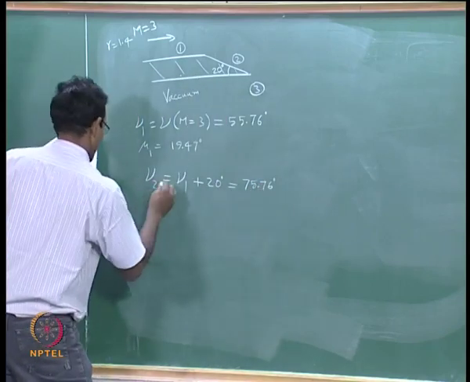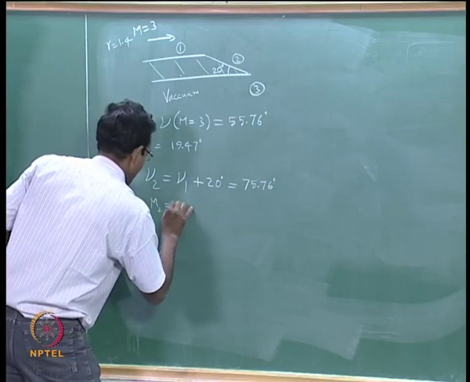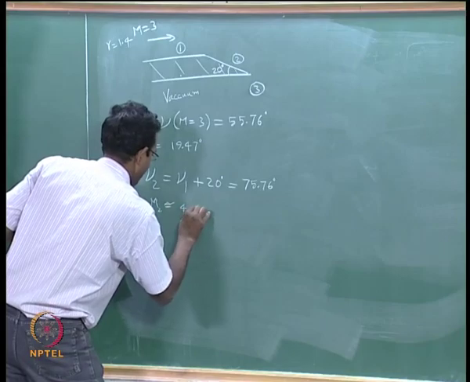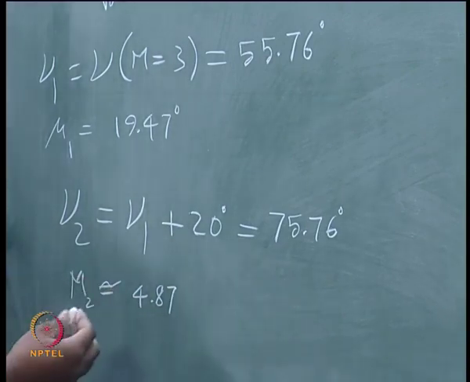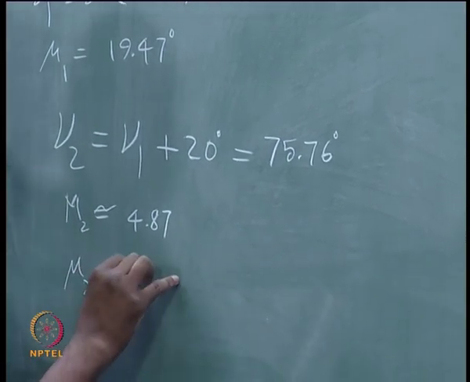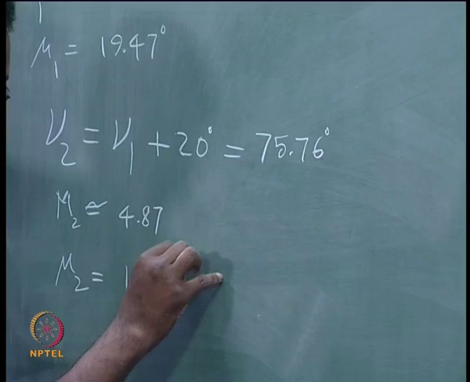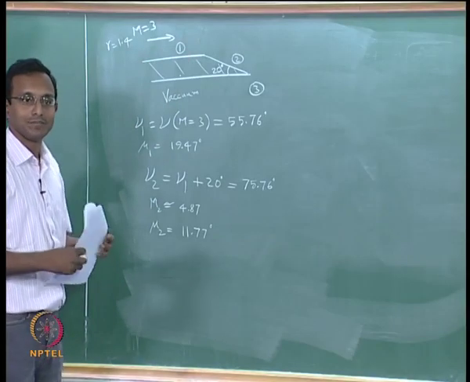So, from here I will get an M2 which happens to be approximately equal to 4.87. I do not have clean resolution at these high Mach numbers in my tables, so I just gave roughly 4.87, I did not interpolate very well, and this will give you a mu 2 value of 11.77 degrees.